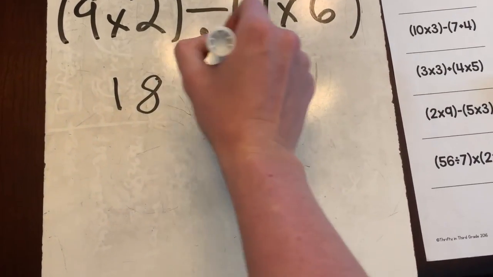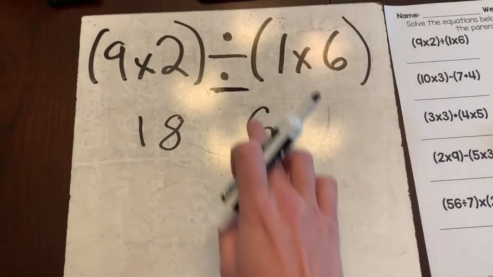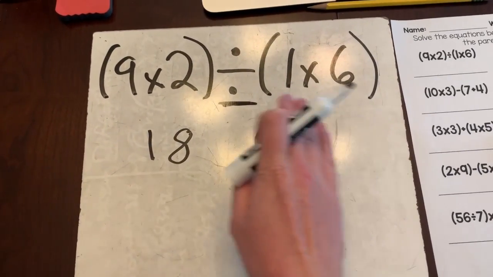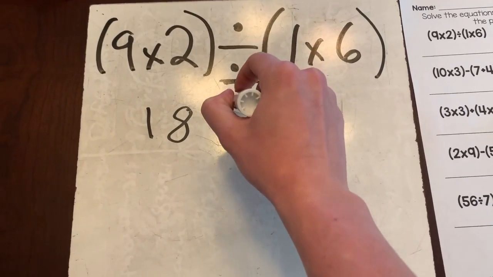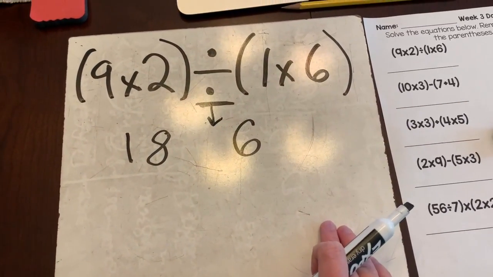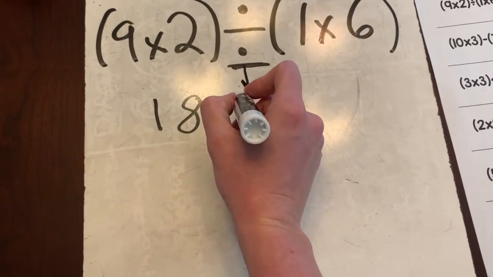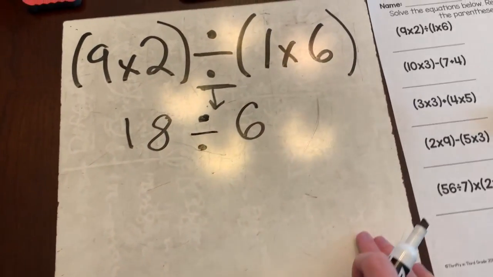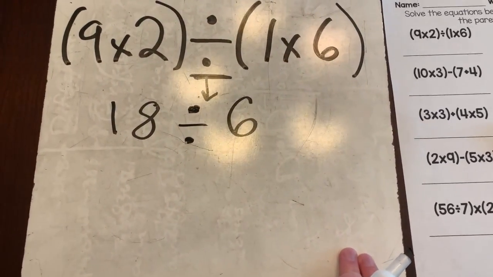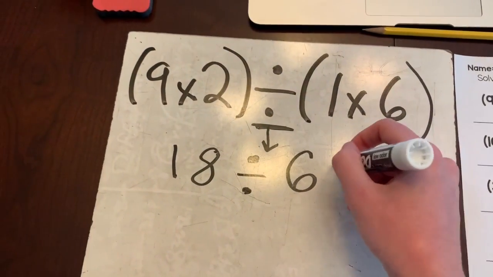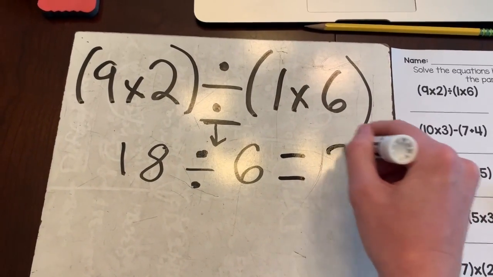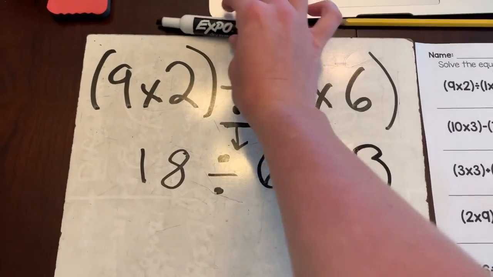What's the only part of this equation that we haven't used yet? That's right, the division sign. Notice how the division sign comes in the middle of the two sets of parentheses. That means we keep the division sign in the middle of our two answers. 18 divided by 6. Is that a problem that makes sense? Yes, it is. 18 divided by 6 equals 3.